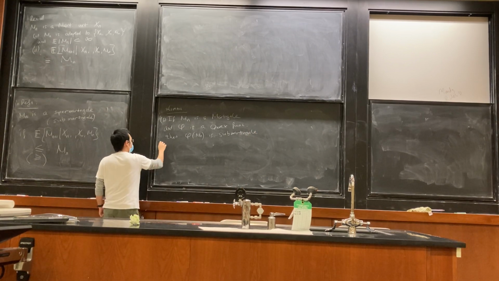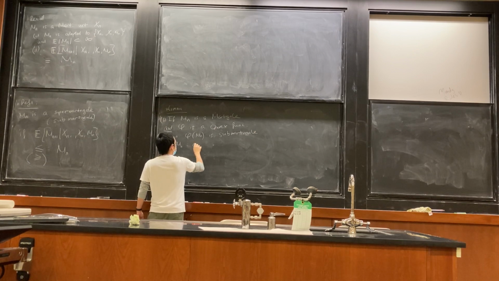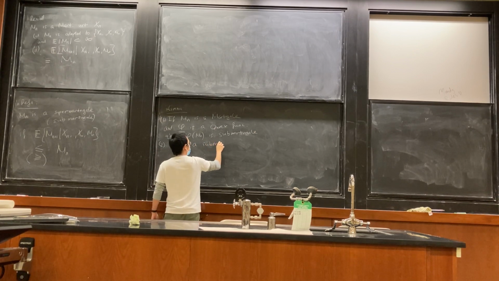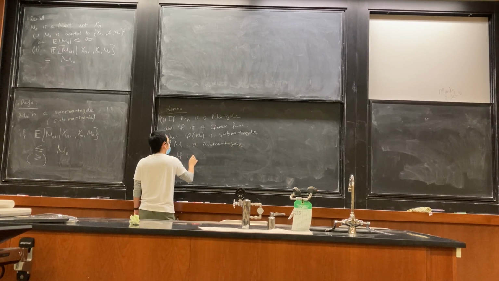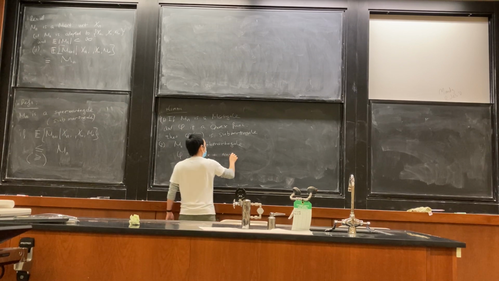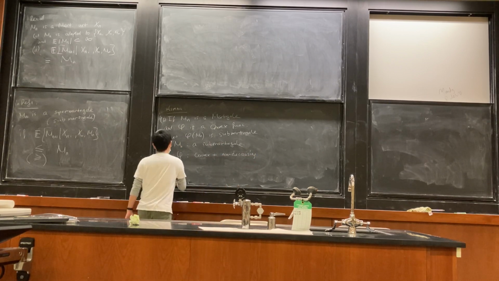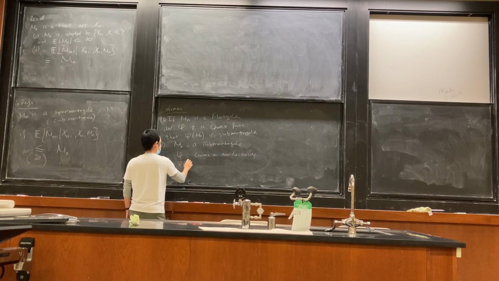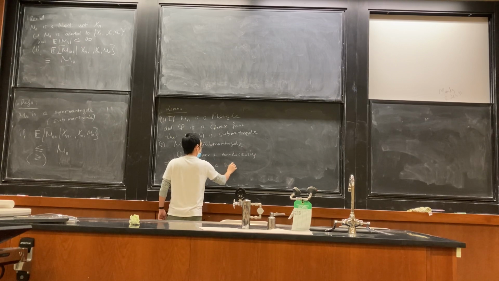And second, if you have Mn being a submartingale, and phi is convex and non-decreasing, then we still have the same result. Phi of Mn is a submartingale.